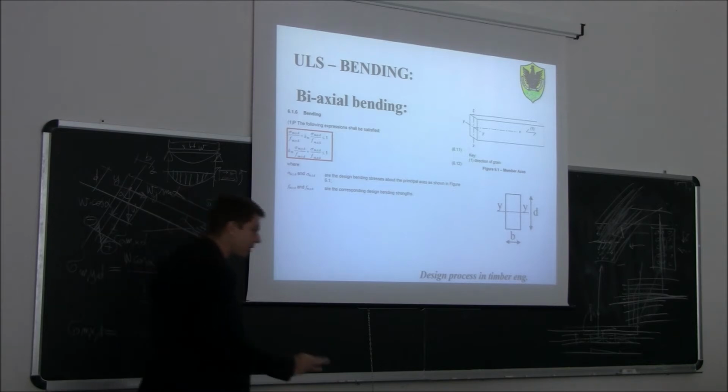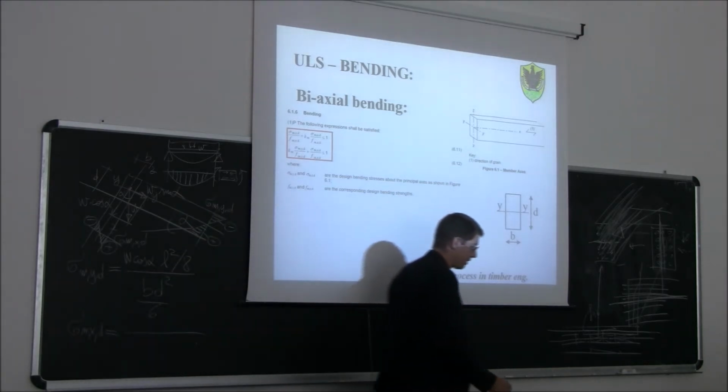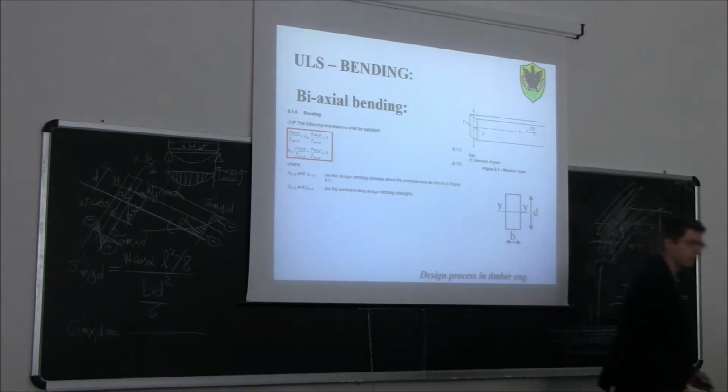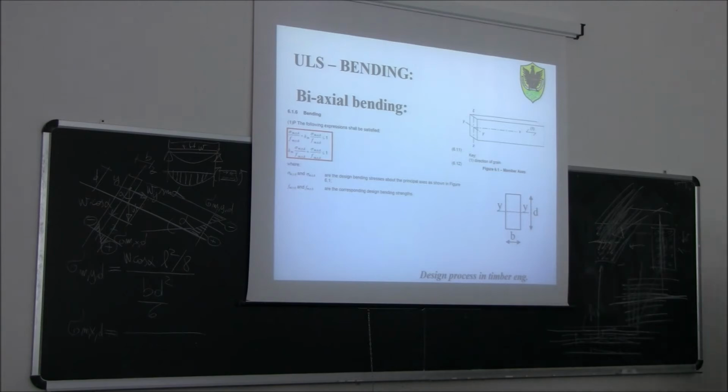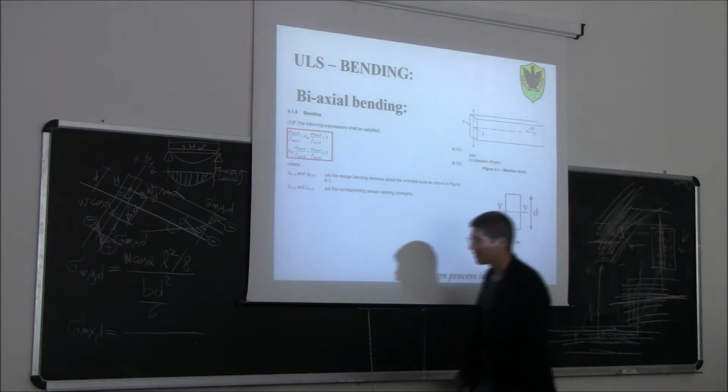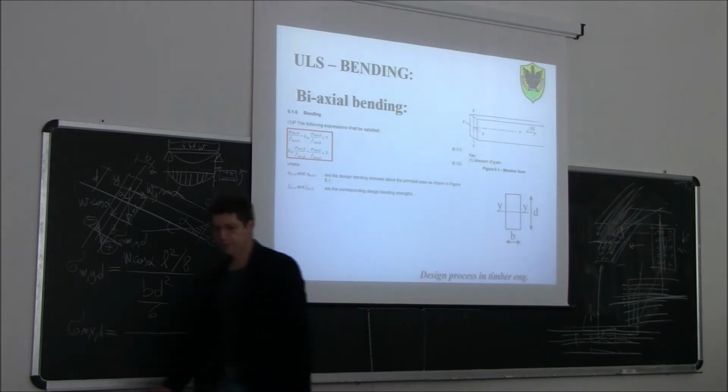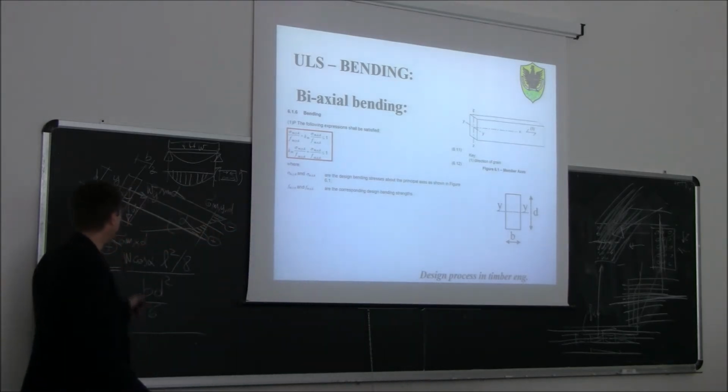Now we are basically repeating the Saint-Venant problem of biaxial bending, just what we studied in mechanics of materials. We haven't done anything new so far. Okay? So, sigma MXD equals the maximum bending moment. Maximum bending moment will be the load times L squared divided by 8.